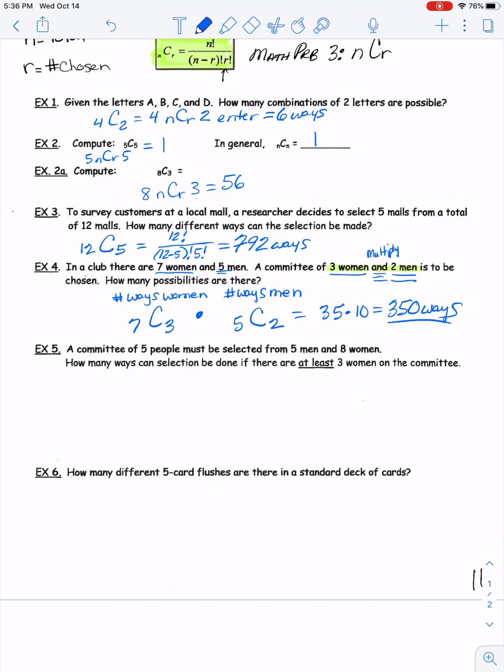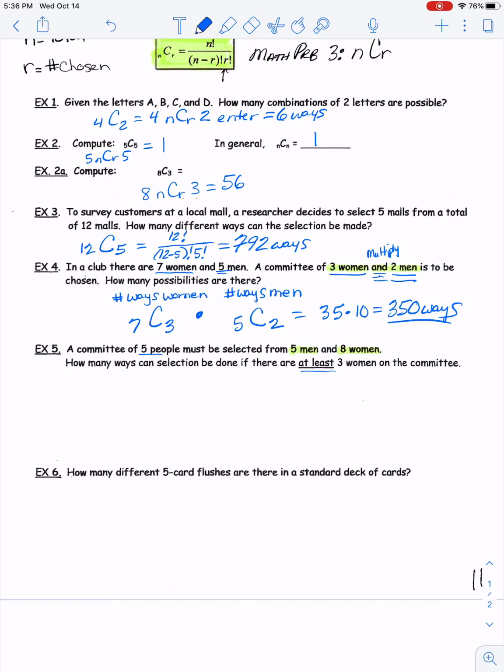Okay, all right, let's try example 5. This one's a little tougher. It says a committee of 5 people must be selected from 5 men and 8 women. So there are our totals: 5 men, 8 women. How many ways can the selection be done if there are at least 3 women on the committee?